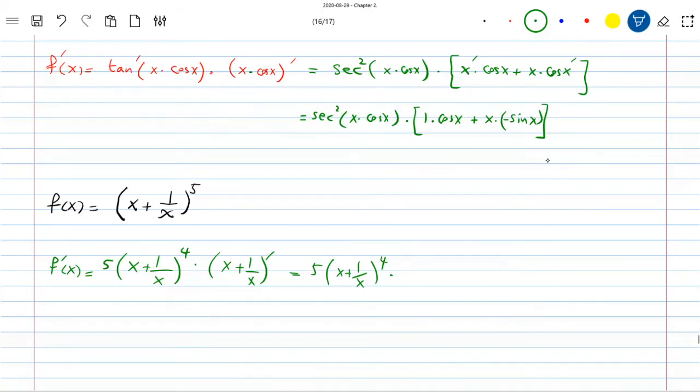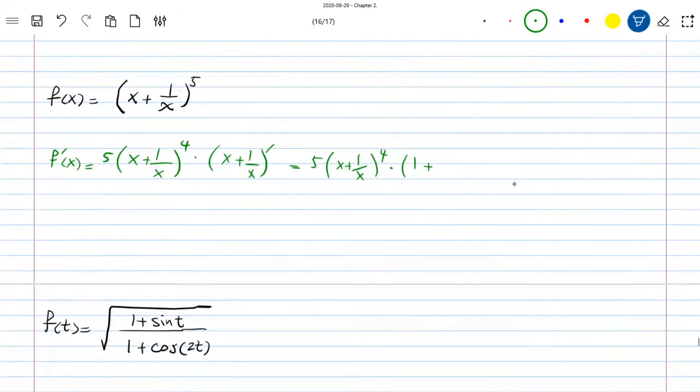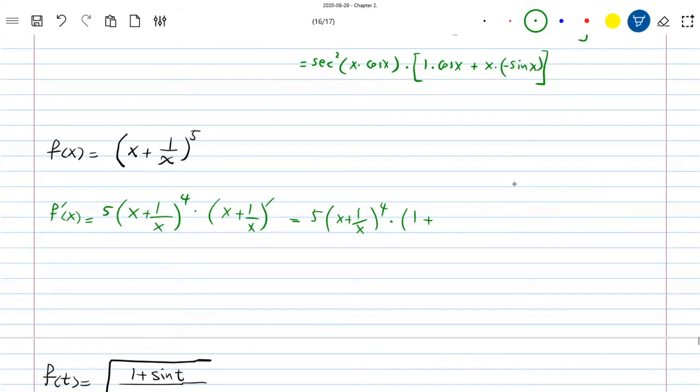What is the derivative of x? Simply 1. Derivative of 1 over x. I need to figure out what is the derivative of 1 over x. So here, let me write derivative of 1 over x separately, so I don't have to rewrite all these stuff again. Derivative of 1 over x, you can write as x to the power negative 1 and take the derivative. Or you can use the quotient rule.